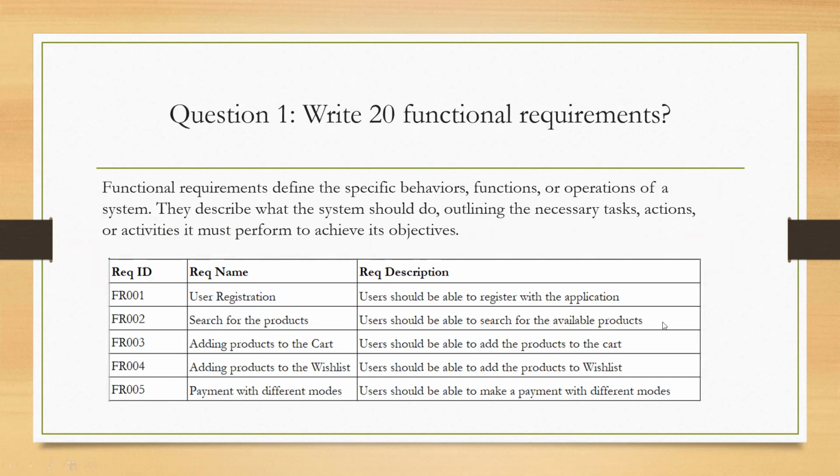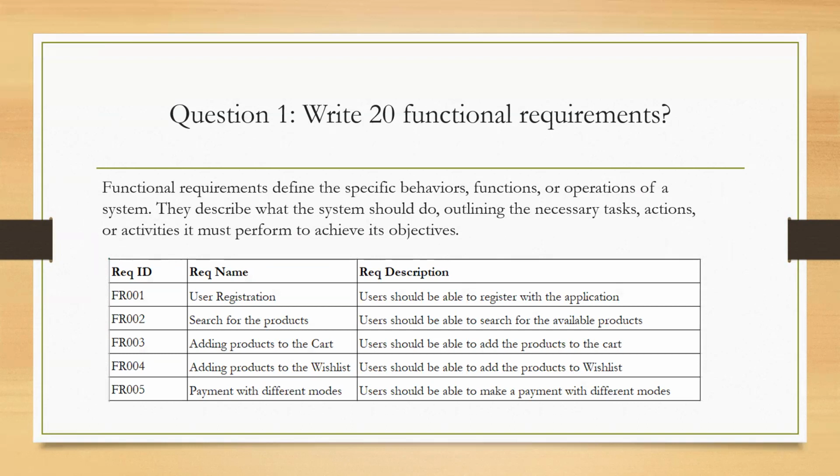So guys, in this prep 1 part 3, the first question is about functional requirements. So what is a functional requirement? The functional requirement defines the specific behaviors, functions, or operations of a system. They describe what the system should do, outlining the necessary tasks, actions, or activities it must perform to achieve its objective.